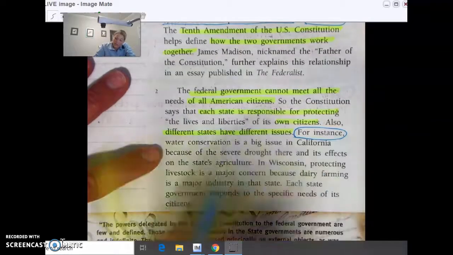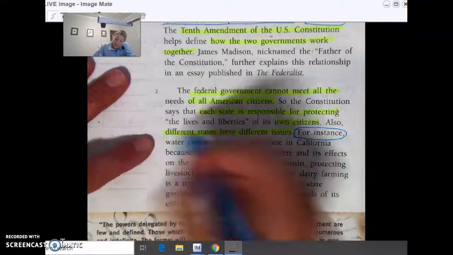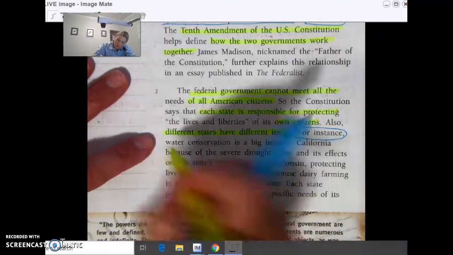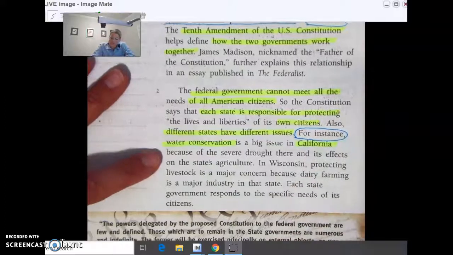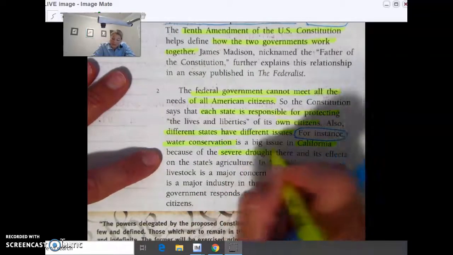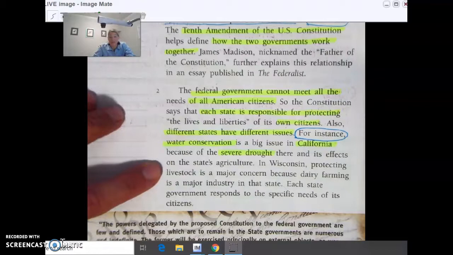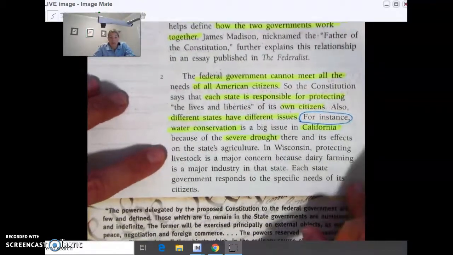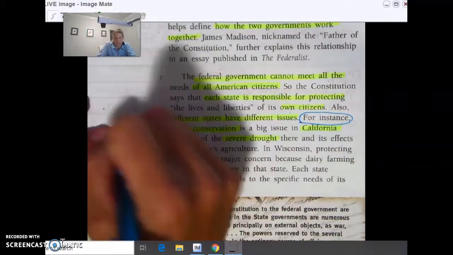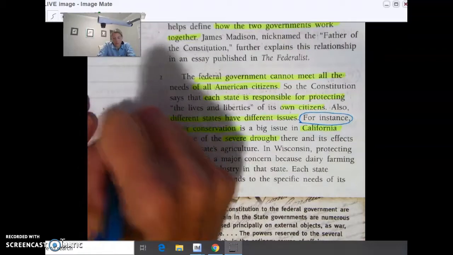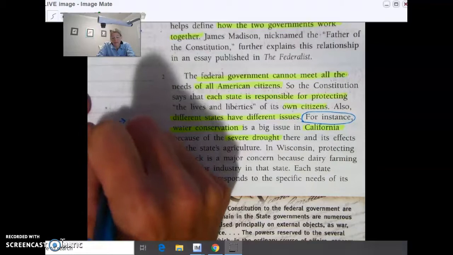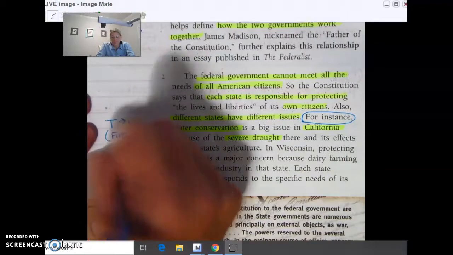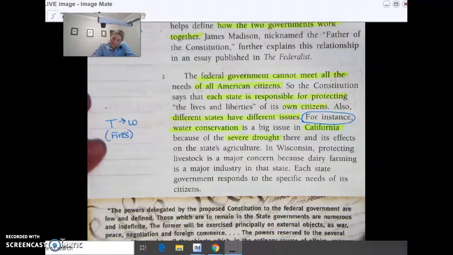"Water conservation is a big issue in California because of the severe drought there and its effects on the state's agriculture." Now, I don't know about you guys, but I absolutely just had a text-to-world connection, because right now there are a lot of fires out west due to those droughts.